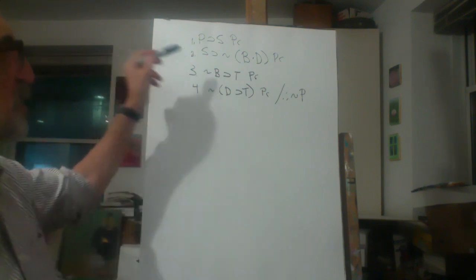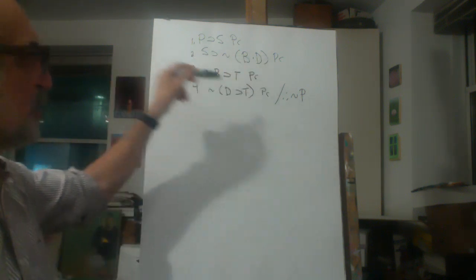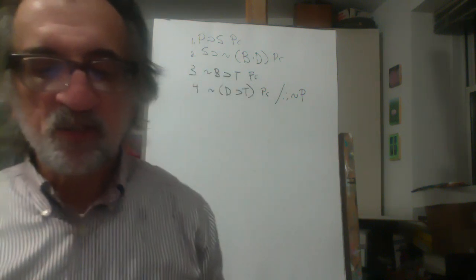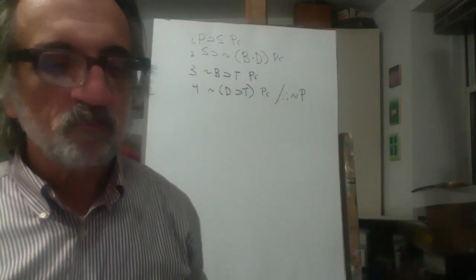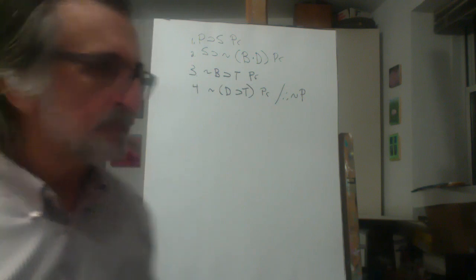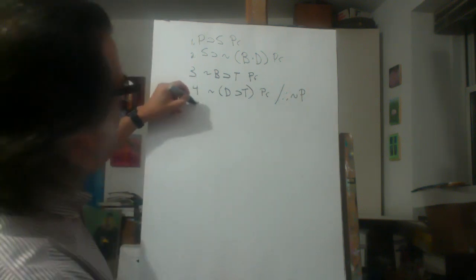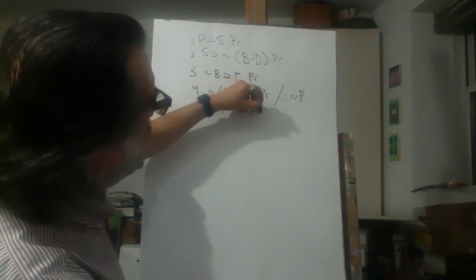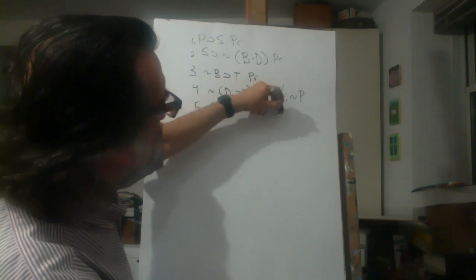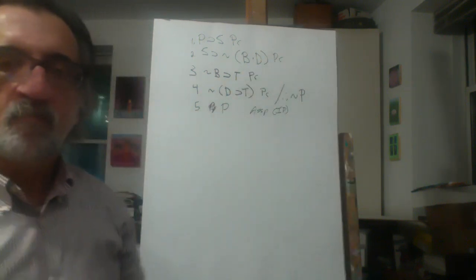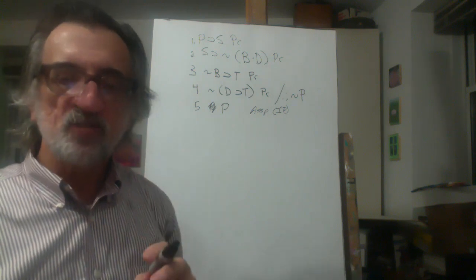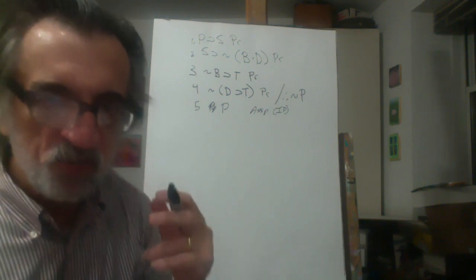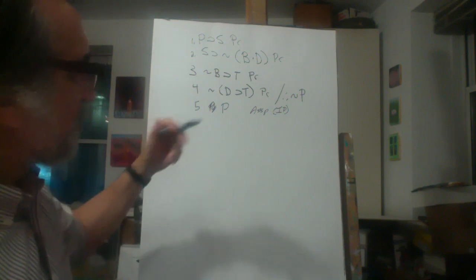If P, then S. If S, then not B and D. If not B, then T. Not, parentheses, if D, then T. We assume, we hypothesize the falsity of the desired conclusion. The desired conclusion is not P, so we're going to hypothesize P.